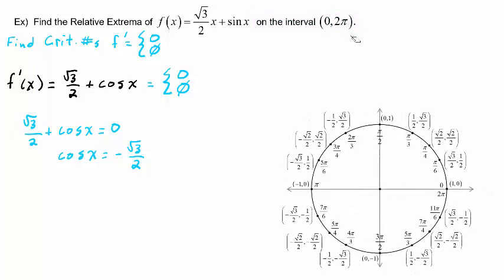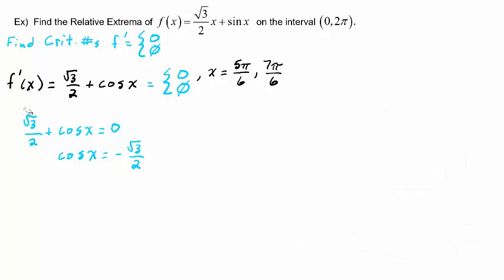Cosine of x is going to equal negative radical 3 over 2 whenever x is equal to 5 pi over 6 or 7 pi over 6. Those are the only two x values on this interval where cosine of x will be negative radical 3 over 2.